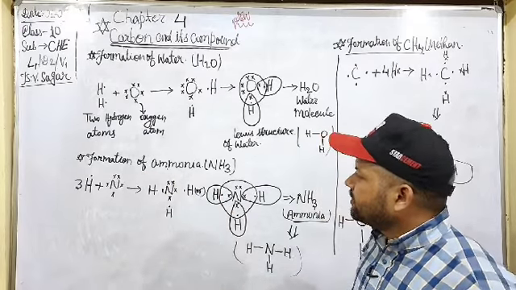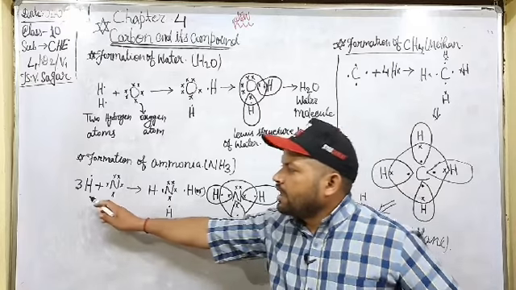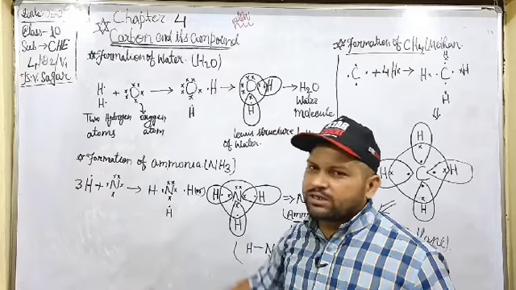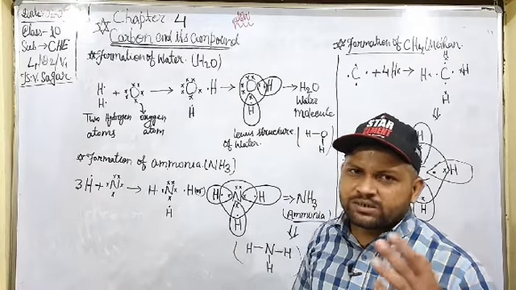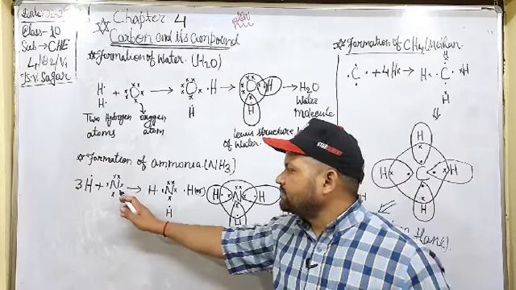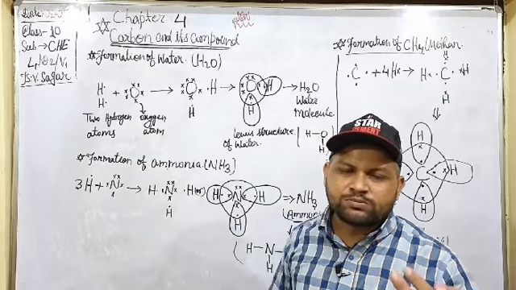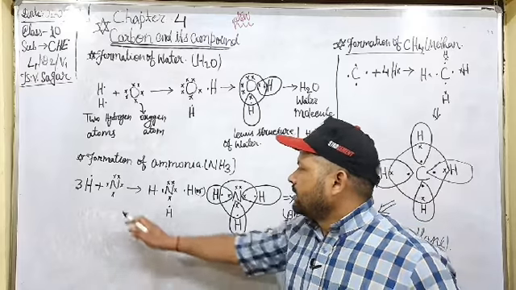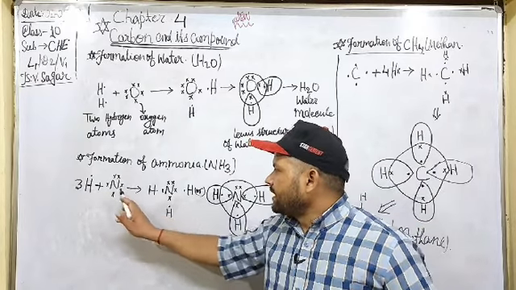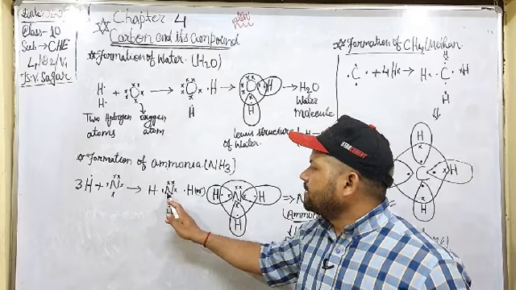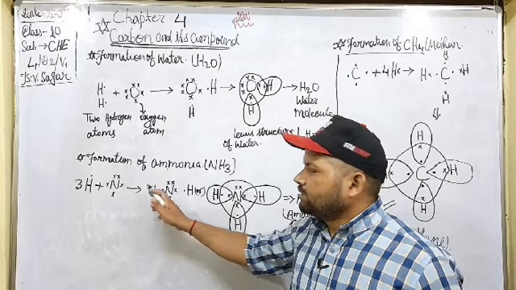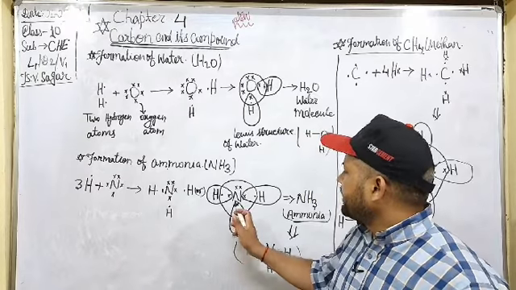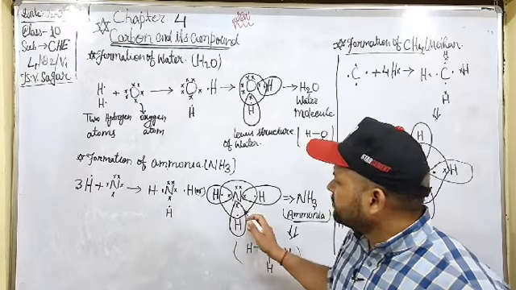Now the formation of ammonia. How does the formation of ammonia take place? Here 3 hydrogen atoms are taken and 1 nitrogen atom which has a valency of 3. The number of electrons present in its outermost shell is equal to 5. Now each of the electrons of nitrogen is shared with the single electron of hydrogen and forms this type of Lewis structure.